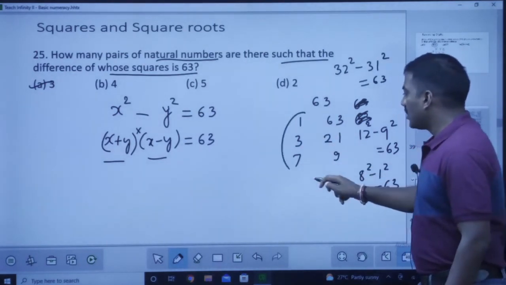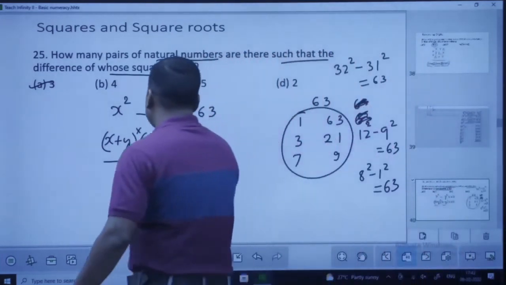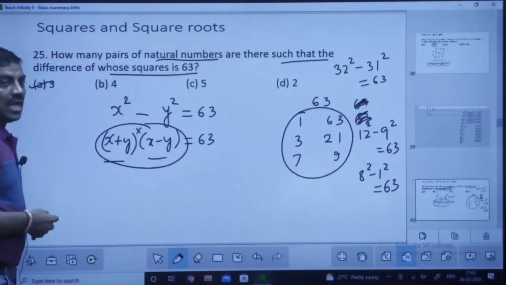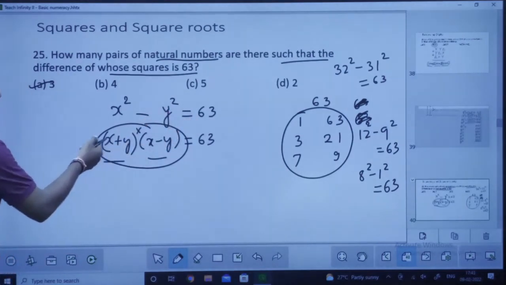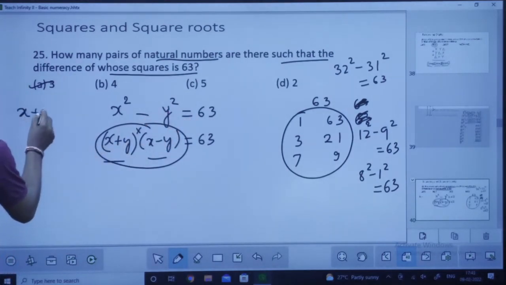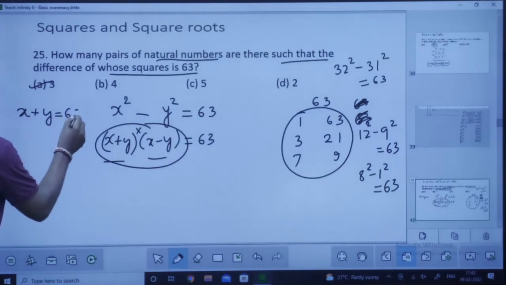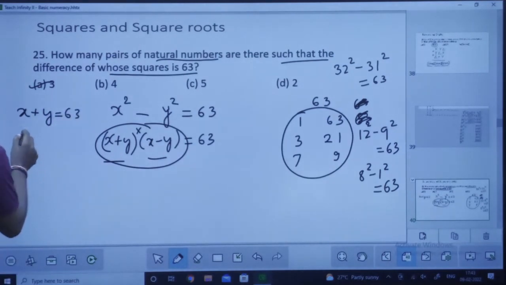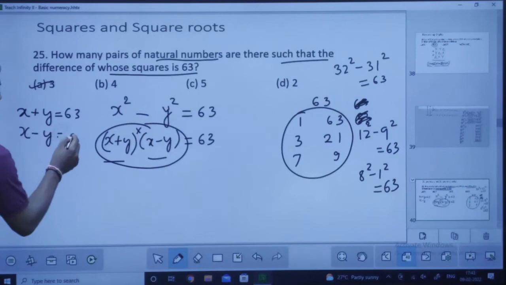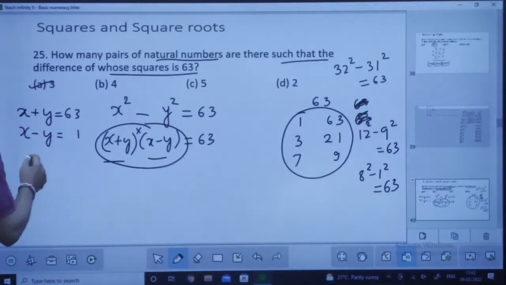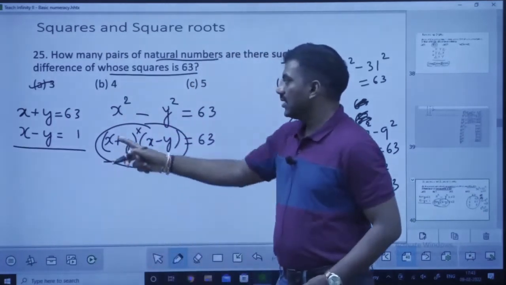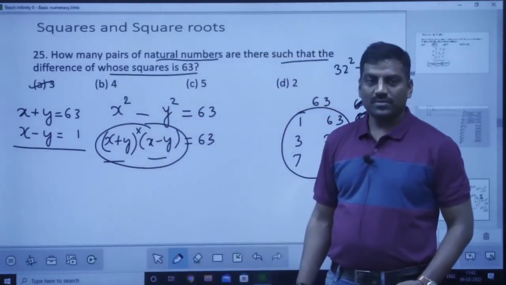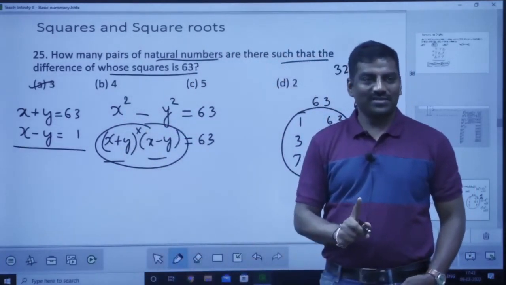See, here we got 3 pairs. Those pairs have to be substituted here. I will take one pair and tell you, 1 and 63. x plus y is equal to 63 and x minus y is equal to 1. You know how to solve this, right? I am not here to teach that.